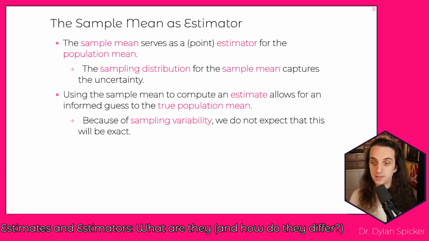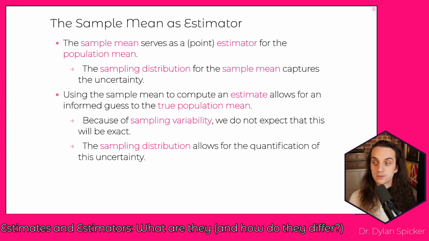Now, because of sampling variability, we don't expect that any estimate we produce is going to be exactly correct. We're always expecting to be a little ways off of the truth, and that's just the randomness of our samples. But the sampling distribution is going to allow us to quantify this level of uncertainty. So we're going to admit that we're not going to get this exactly right.